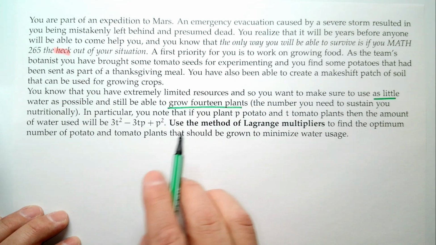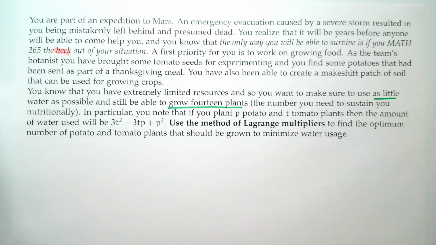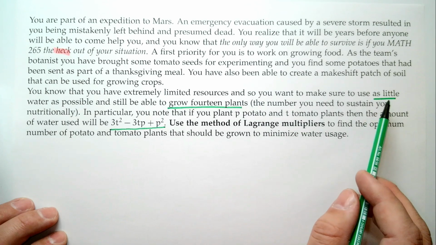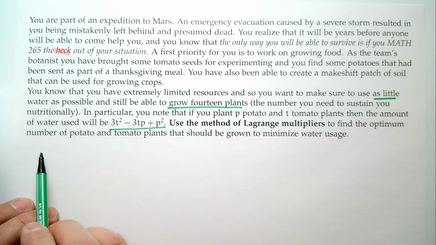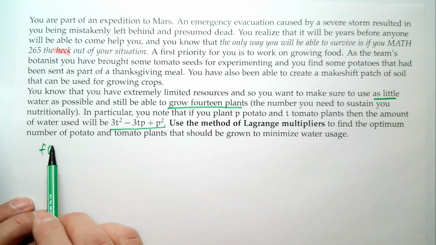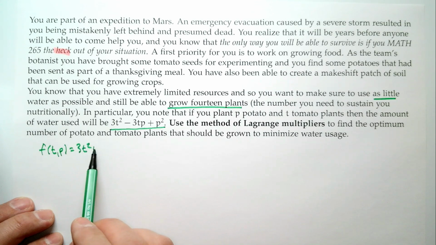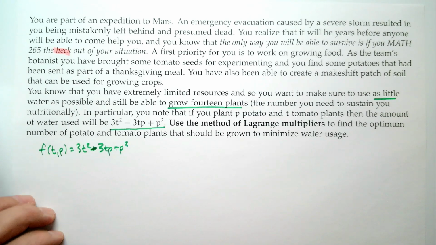And in particular, if you plant p potato plants and t tomato plants, then the amount of water used will be 3t squared minus 3tp plus p squared. So remember, we're trying to optimize the water. This is a formula for how much water we use. So we can say, all right, we have a function of t and p, namely 3t squared minus 3tp plus p squared.